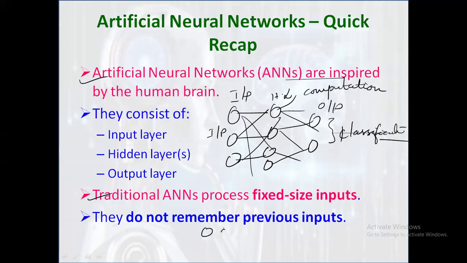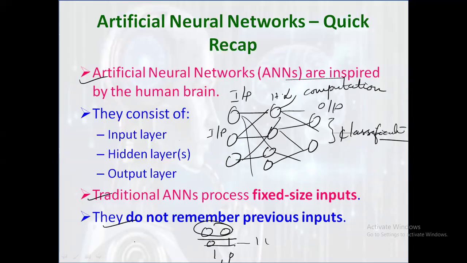If I am taking two inputs, 00, 01, 10, 11, first time if I give 00, next time also I should give 01. I cannot give 011 like that. So that is why we say the same size each time and cannot handle varying length sequences naturally.